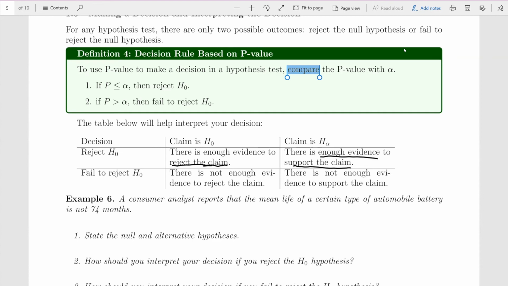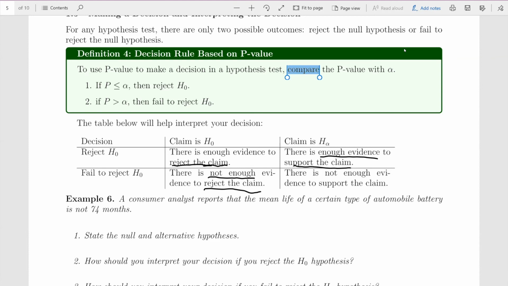And if the claim is the null hypothesis and you fail to reject it, that means you do not have enough evidence to reject the claim, right? You cannot reject, you fail to reject it. And the last case is if your claim is the alternative hypothesis and you fail to reject the null. That means you kind of accept the null hypothesis, which means you do not support the alternative.